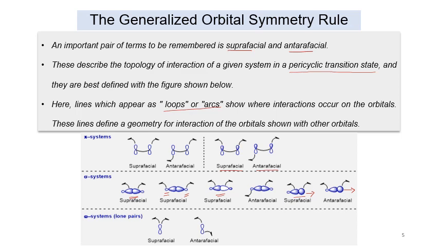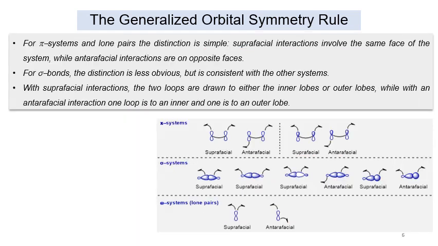If opposite ends are reacting, then it is antarafacial. Like I mentioned, for the pi systems and the lone pairs, the distinction is rather simple. The suprafacial interactions will involve the same face of the system, whereas the antarafacial interactions will involve the opposite faces.